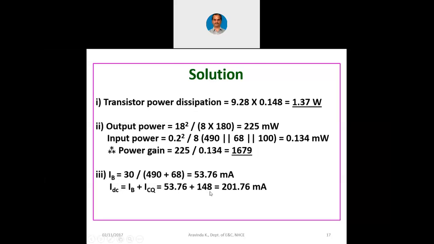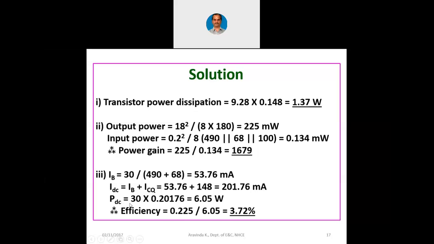Together it is around 201.76 milliampere. This is IDC. Now what is the DC power? VCC into IDC. So total DC power is VCC 30 volts into IDC 0.20176 amperes. That is 6.05 watts. Now what is the output power?